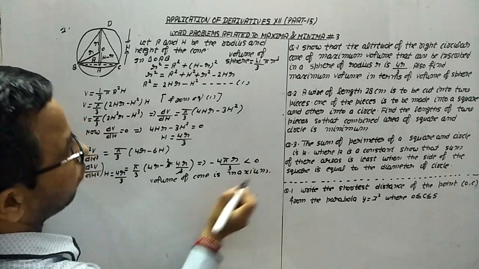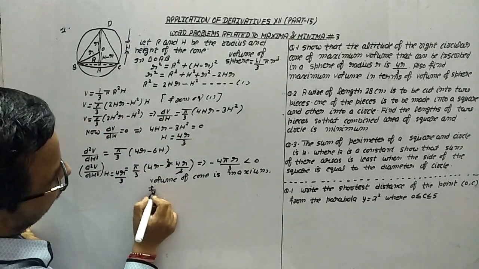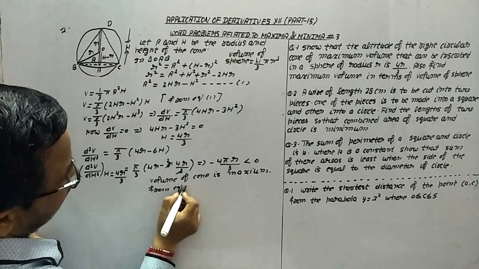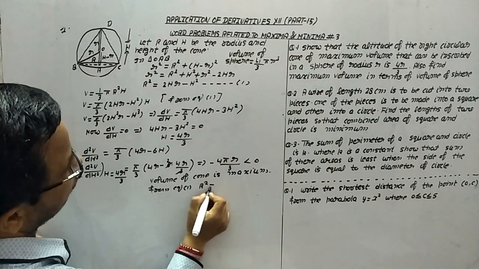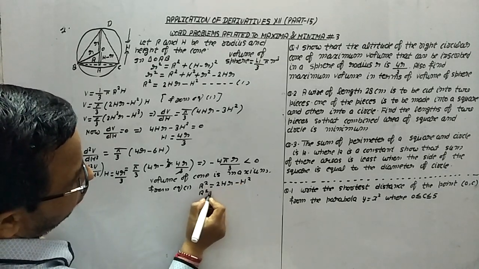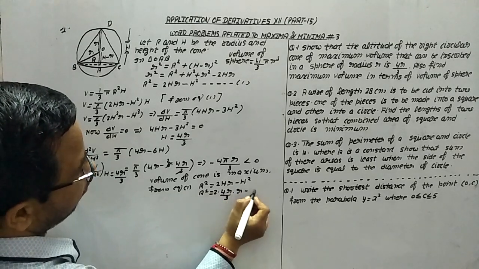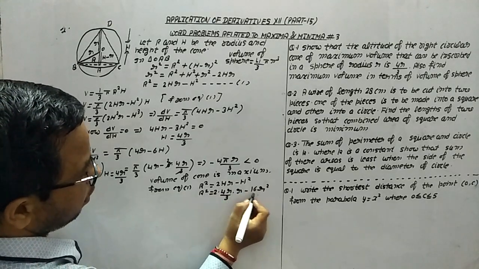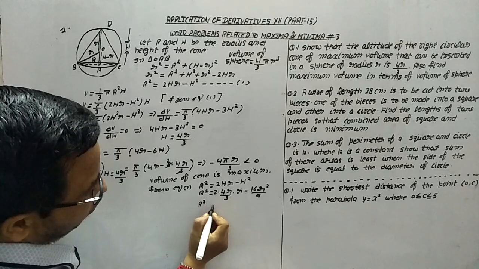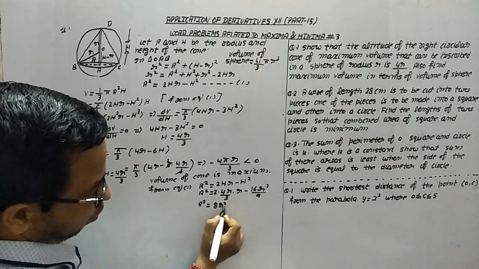Now we have to find out the volume of cone in terms of volume of sphere. So from equation 1 we have R square is equal to 2Hr minus H square. It means R square is equal to 2 into 4r by 3 into r minus 16r square upon 9. So R square is equal to, what is common? 8r square is common.